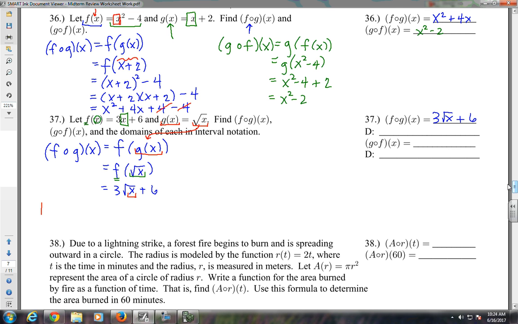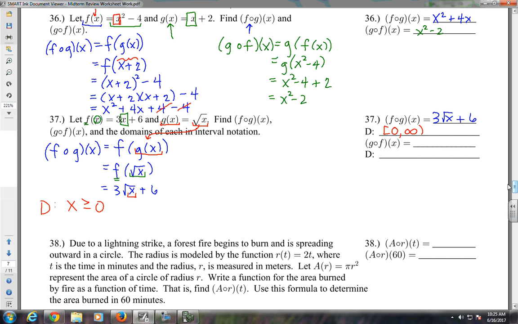So the trick on finding the domain of a radical function is to take the radicand out and set it greater than or equal to 0, and then solve any equation that may result. In this case, we're done. Our domain is stated x greater than or equal to 0. We simply have to translate that to interval notation. So we're going to go all numbers greater than 0, starting and including 0 up to infinity.